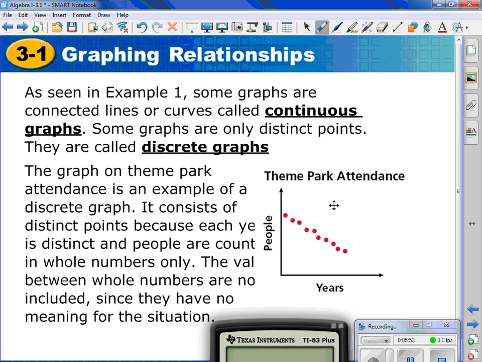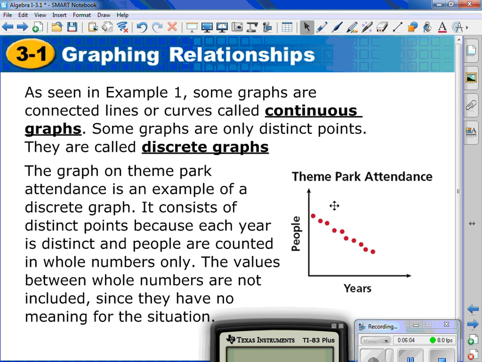The graph on the theme park attendance is an example of a discrete graph. It consists of distinct points because year is distinct and people are counted in whole numbers only. The values in between whole numbers are not included since they have no meaning for the situation.